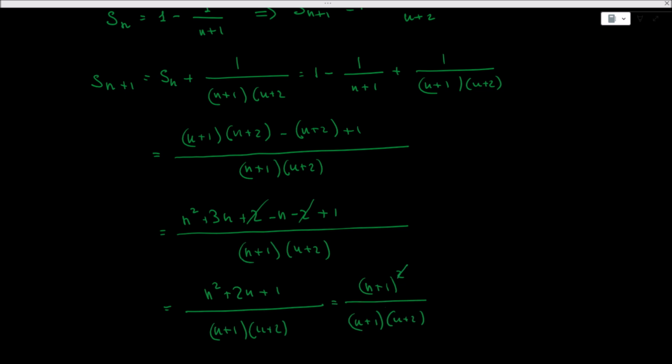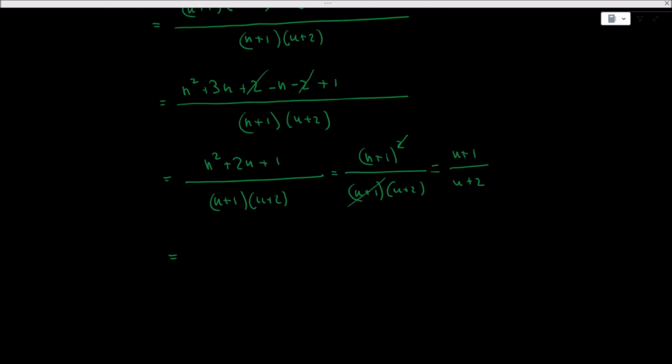And we can simplify this and this, so we have n plus 1 divided by n plus 2. But again, this can be re-expressed as n plus 2 minus 1 divided by n plus 2, or if you like, 1 minus 1 divided by n plus 2. And this will conclude the proof.